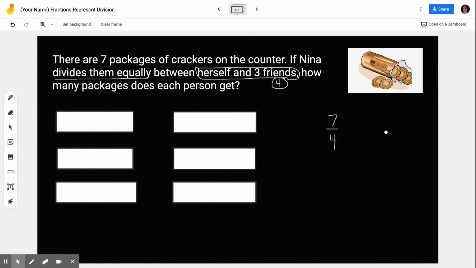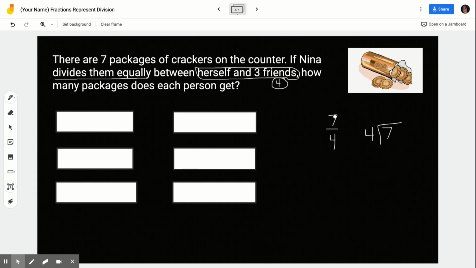So we would see this usually just like this, 7 divided by 4, meaning 7 packs of crackers divided among 4 people. As a fraction, we'd see it as 7 divided by 4. These show the exact same thing, just visually they look different.